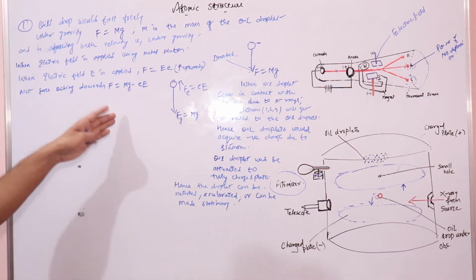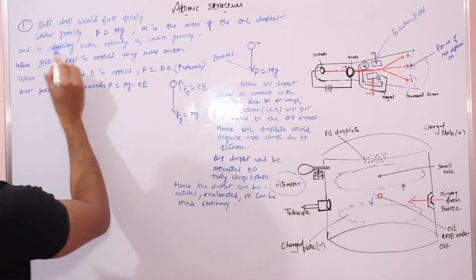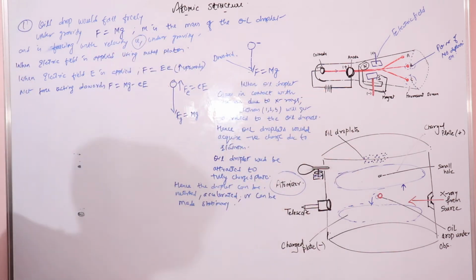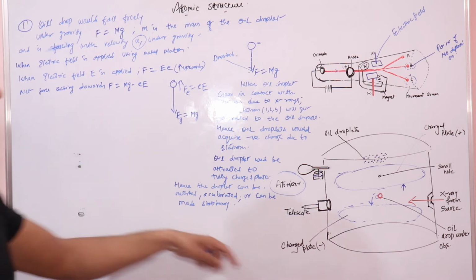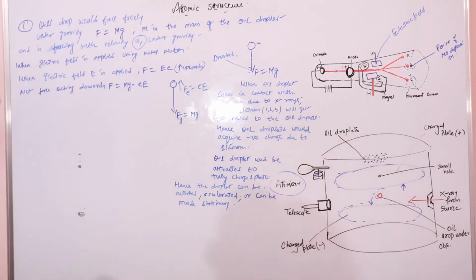So here, when there is no electric field, this oil droplet is falling with velocity u1. Now when we have applied an electric field, it acts in the opposite direction, so its velocity will tend to reduce.